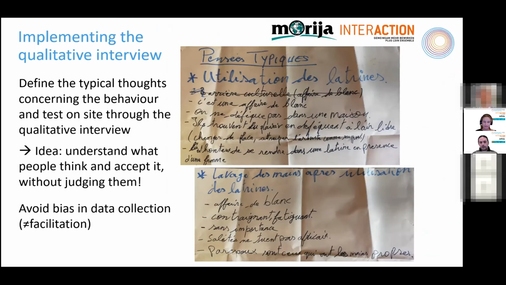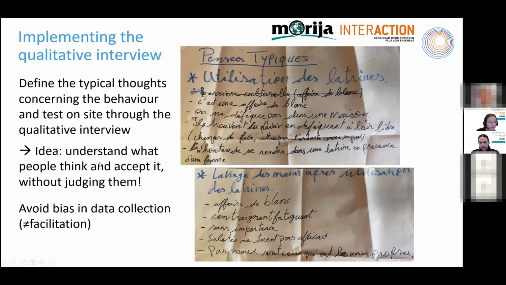And the idea was to write down the typical thoughts that people have about this behavior or the opposite one. And the idea is for the team to understand what people think and not judge them, but they have to be out of their facilitation role that they have sometimes in the project and be in the shoes of the user.